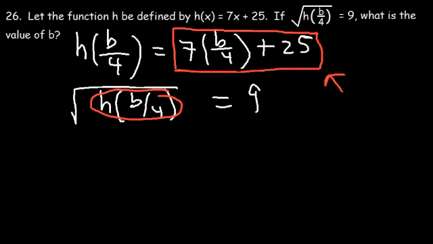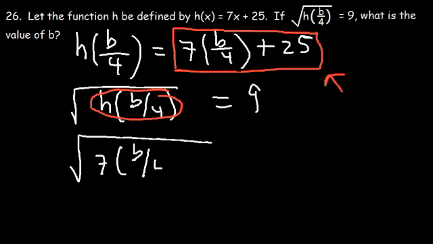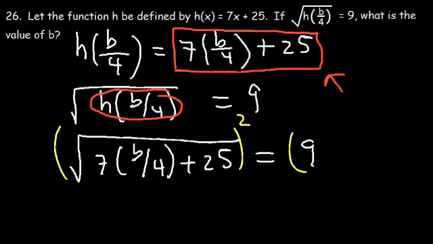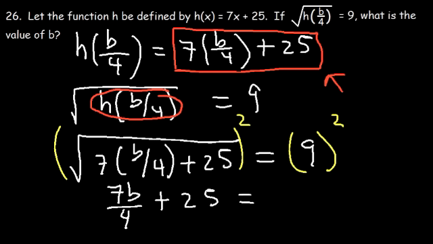So what we now have is the square root of 7 times b over 4 plus 25 is equal to 9. So to get rid of the square root symbol, we need to square both sides. So now 7b over 4 plus 25 is equal to 9 squared. And 9 times 9 is 81.